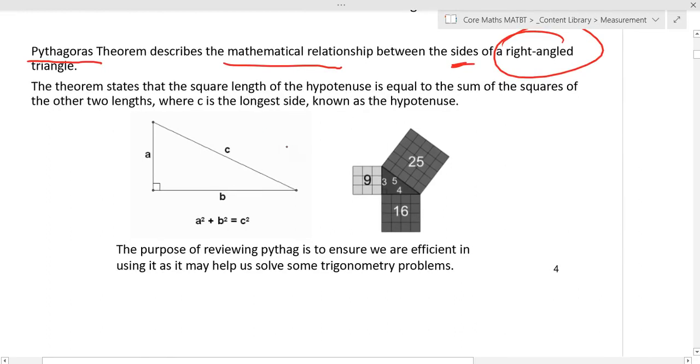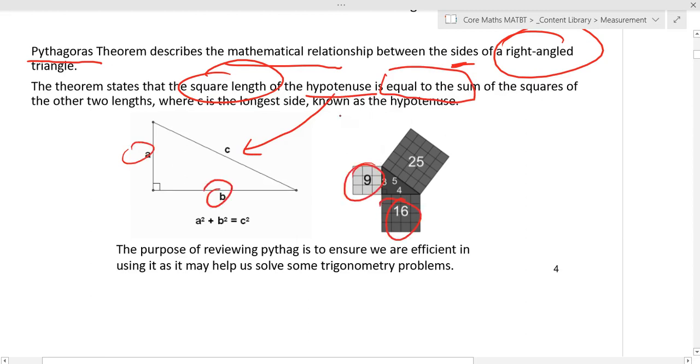And according to this, we don't necessarily need to know fully what the theory might be, but it says here that the square length of the hypotenuse, which is the longest side of a triangle, is equal to the sum. So when you add A and B together, for example 9 and 16, it equals the length of the longest side.